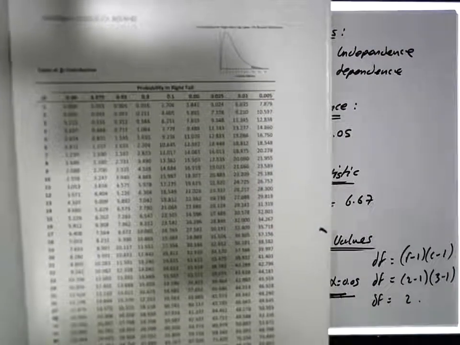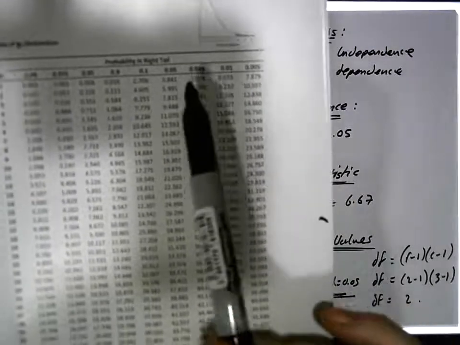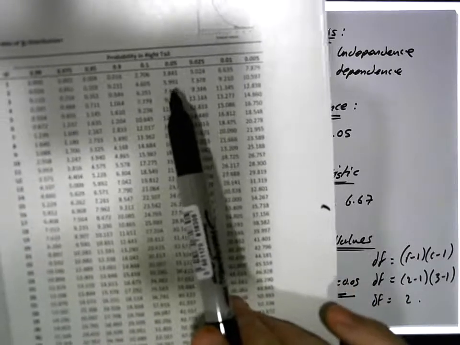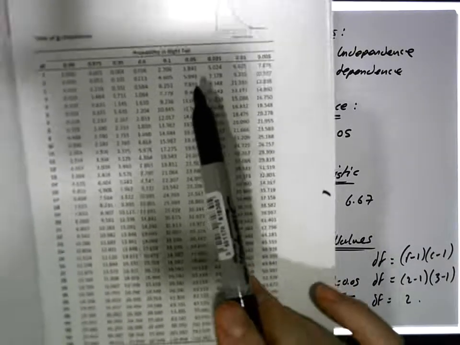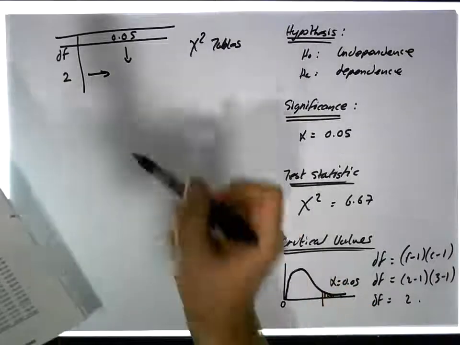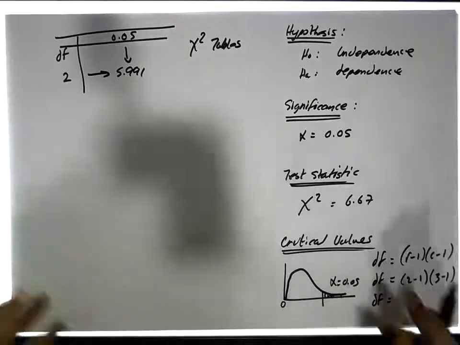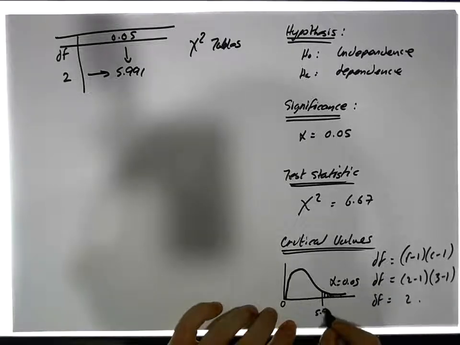I know this is hard for you guys to see, but I have 0.05 in my right tail, and 2 degrees of freedom, which gives me a critical value of 5.991.